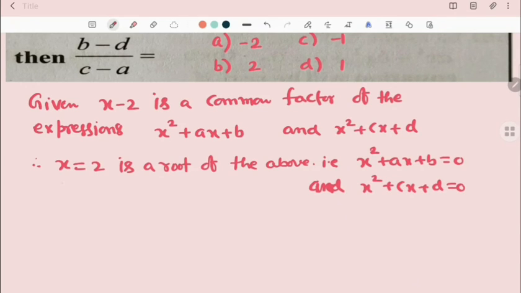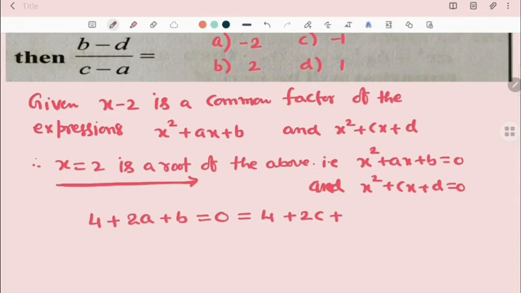Whenever x is equal to 2 is a root, substitute in these equations. Therefore it becomes 2 square plus 2a plus b, which is equal to 0, and that is also equal to 2 square, which means 4, plus 2c plus d.